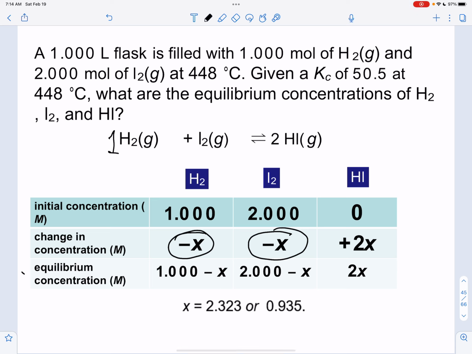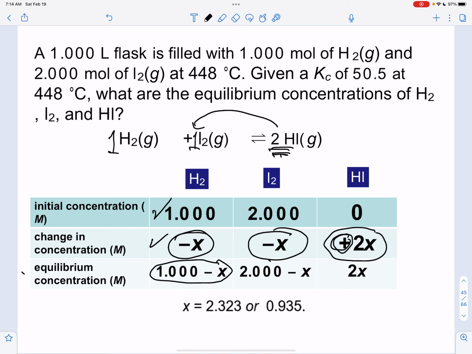Since you have a coefficient of 1, that's what you have, 1x, 1x. The product is going to be created proportionally to that, so 2x, and it's being created.